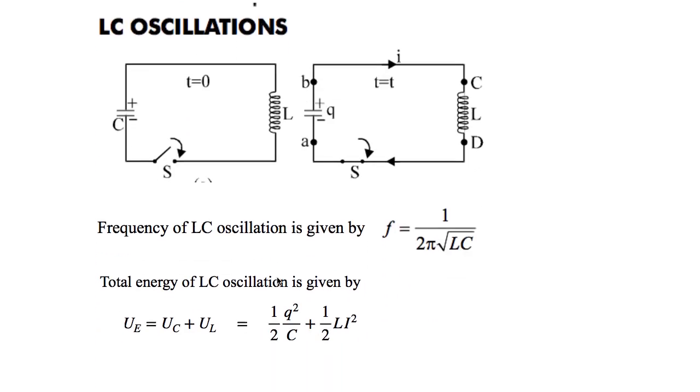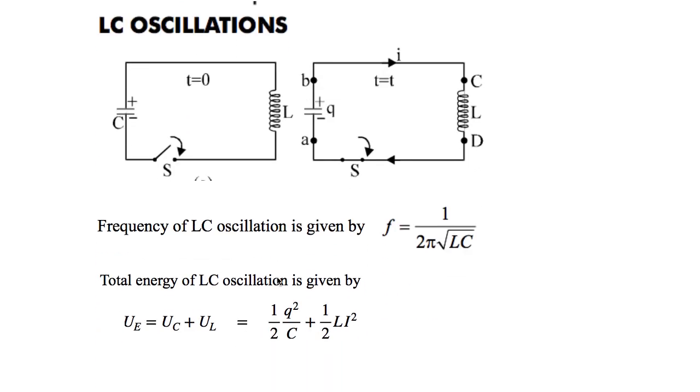Now we move on to the concept of LC oscillations. What are oscillations? We know from last year that oscillation is nothing but quantities which are changing periodically. Here is a circuit consisting of a capacitor and an inductor connected to a switch.